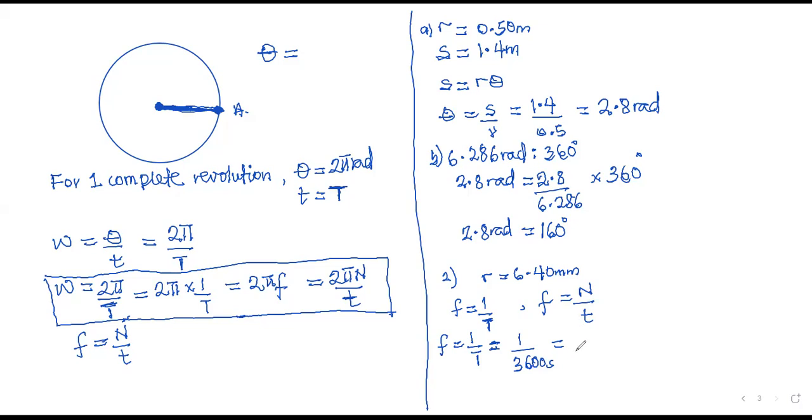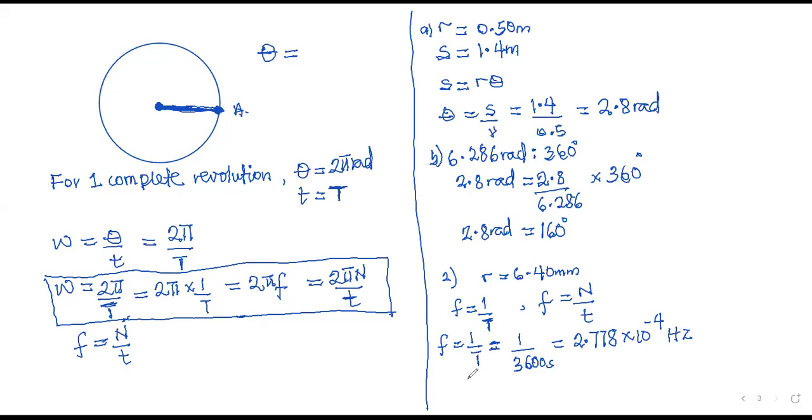This is 2.778 times 10 to the power minus 4 hertz. Do not round your value to the nearest decimal place unless you are told to do so.